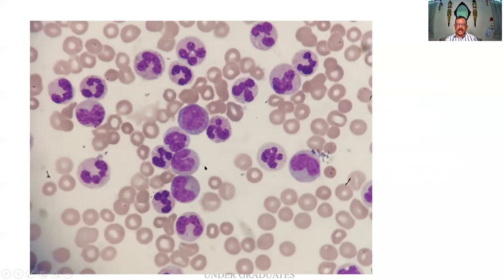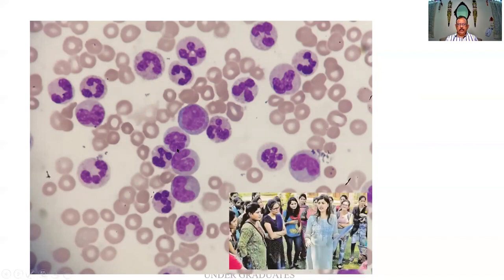And sometimes I can get larger cells. This particular cell appears to be a myeloblast. A nucleolus is also present. So starting from the myeloblast up to the mature neutrophil, I've got a spectrum of cells and hence the term college girl pattern. I hope you are able to superimpose this picture onto this.